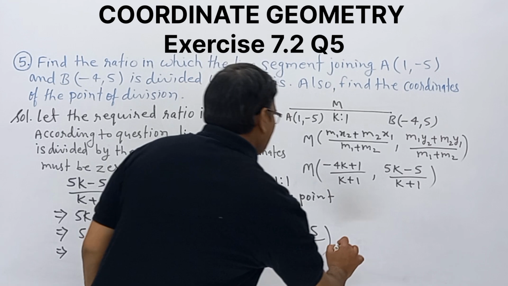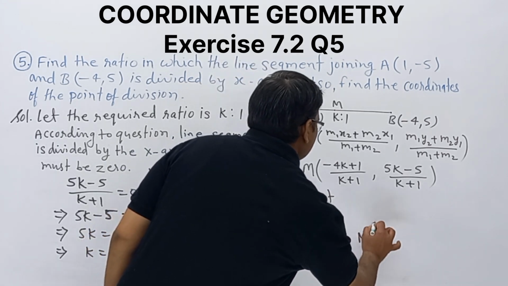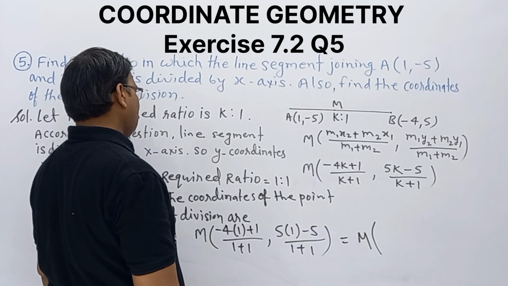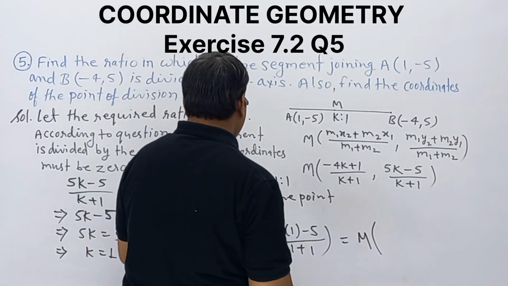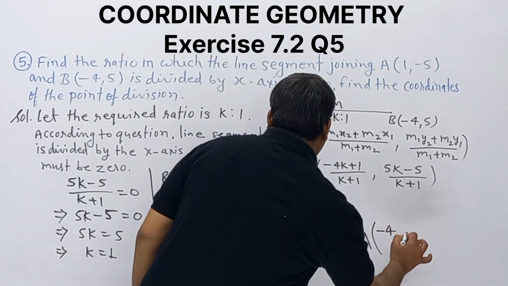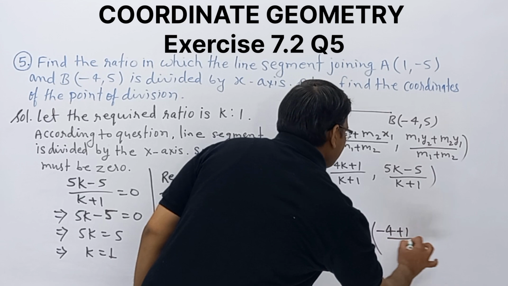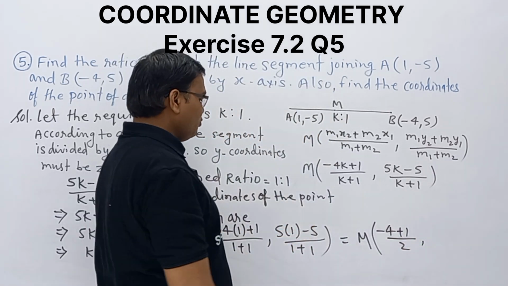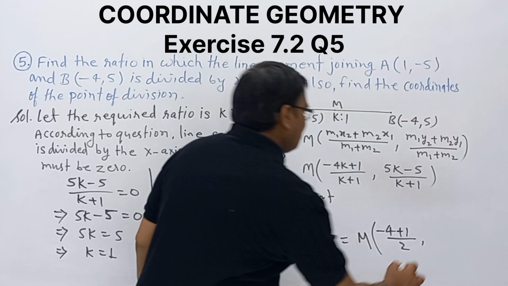Solving, the coordinates of point M will be minus 4 plus 1 divided by 2, comma, 5 minus 5, which is 0, divided by 2, which is 0.